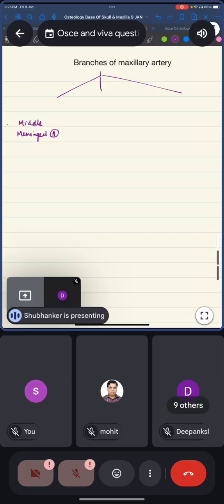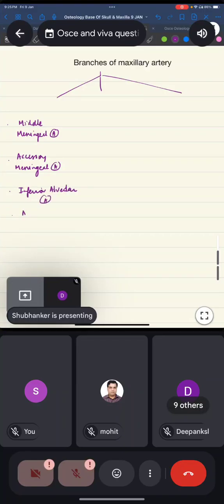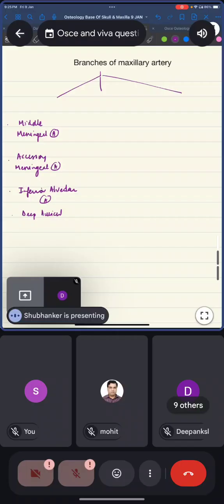First is middle meningeal artery. Second is your accessory meningeal artery. Third is your inferior alveolar artery. And fourth is your deep auricular artery.